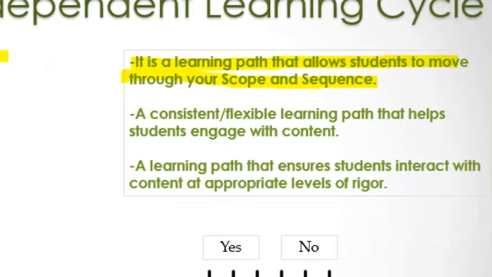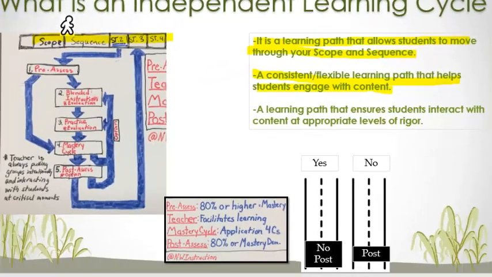All right, so the next thing is you want to make sure that you have a consistent, flexible learning path that helps students engage with content. Like I said, they need to be able to move through this content independently, which will allow you to interact with them as you see fit and as needed. A learning path that ensures students interact with content at appropriate levels of rigor.